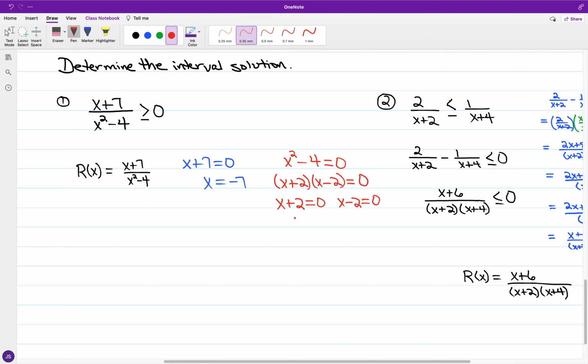So from x squared minus 4, with the factor x plus 2 equal to 0, we have x equal to negative 2. And with the other factor, x minus 2, setting that equal to 0, we have that x is equal to 2. All right. So we have 3 distinct zeros for this rational function.